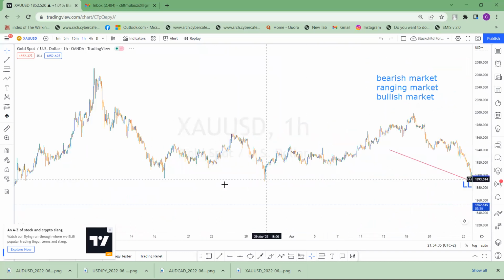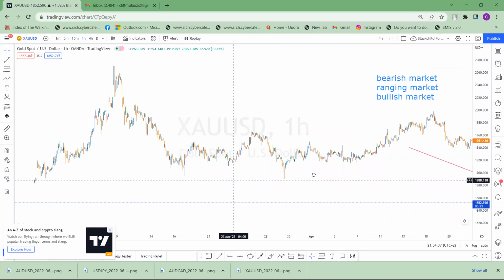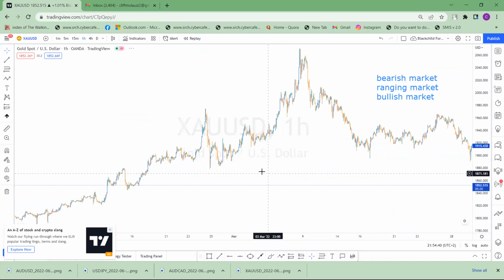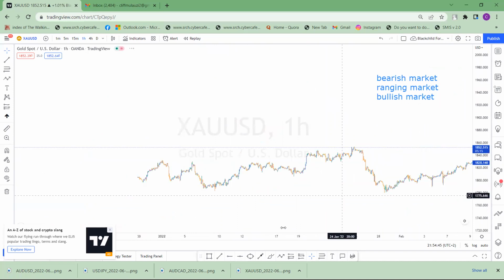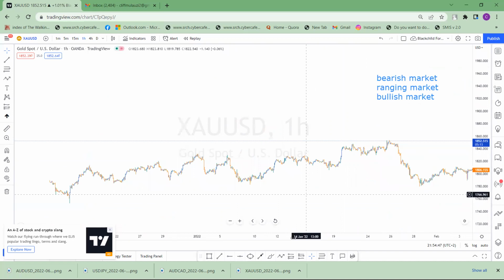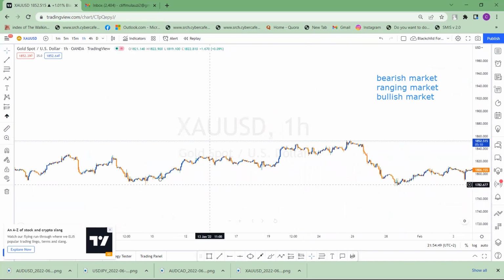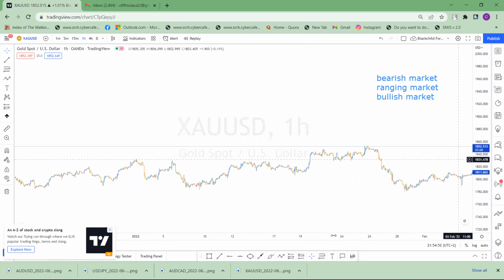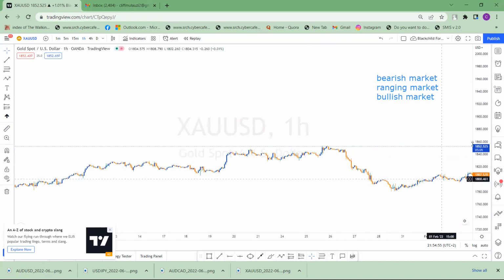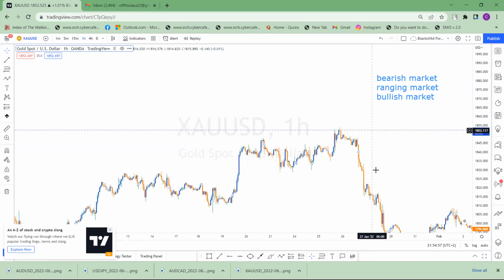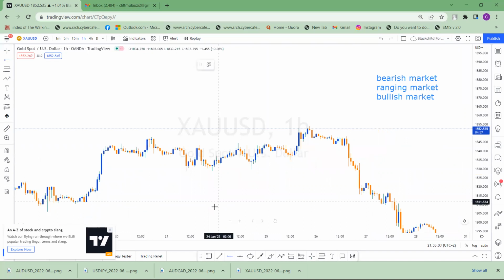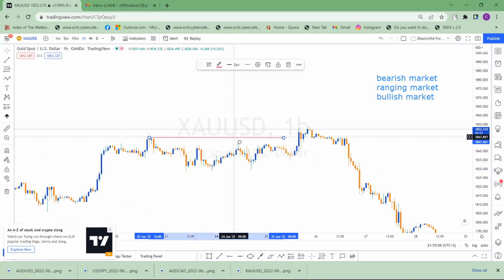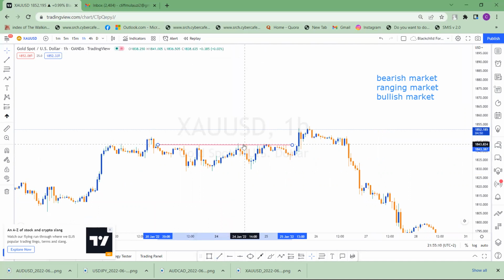Let me look for an example whereby the market has given us such kind of behavior. I'll consider this one as that one, because most of the time the market will not always do that. So let me give you an example of what is happening here.